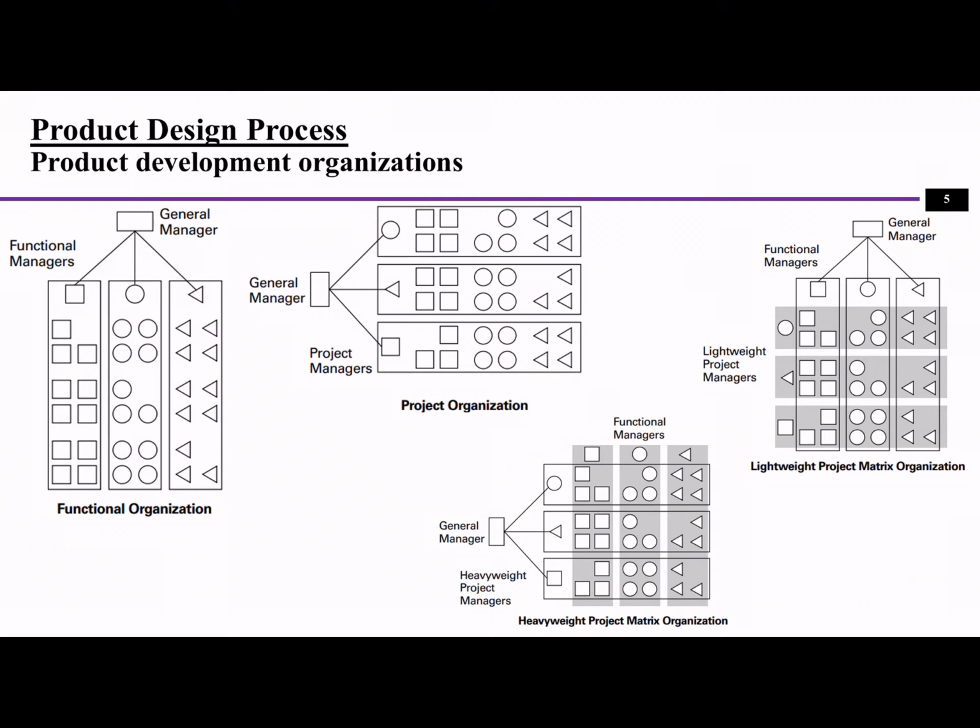So for the project organization, a general manager basically manages different project managers, and all these functions are organized in each of the projects. So people and resources are organized based on each project.